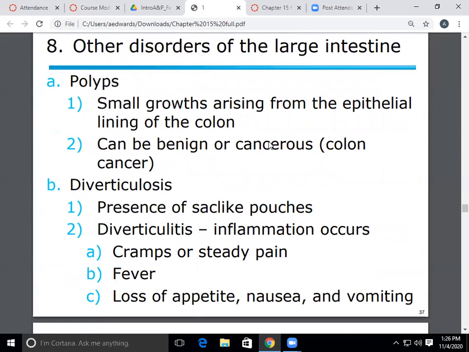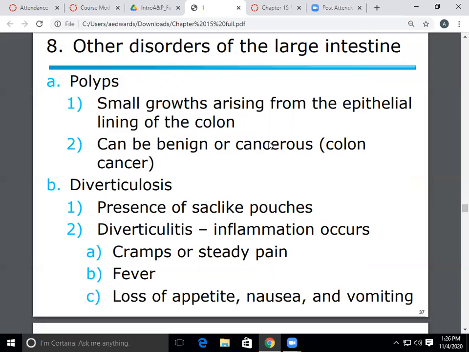Okay, other issues with the large intestine, you've got polyps. Okay, and these are small growths on the epithelial lining of the colon. They can be cancerous or they can be benign. Okay, if they're cancerous, that's what we typically call colon cancer.